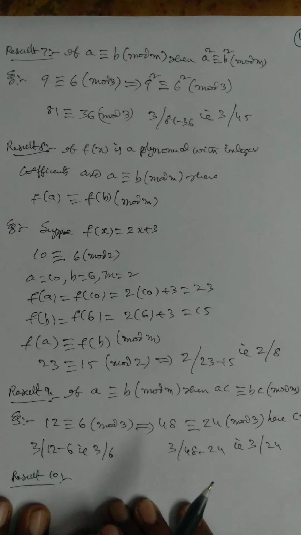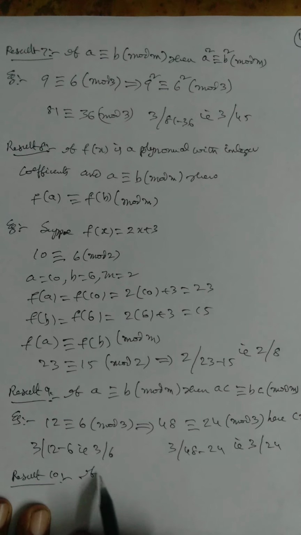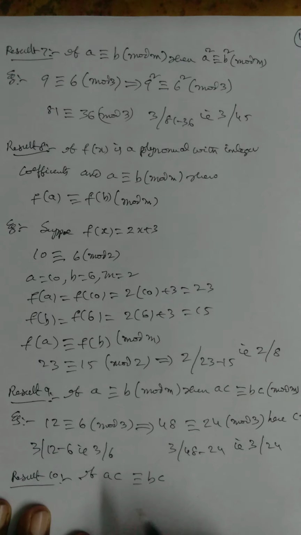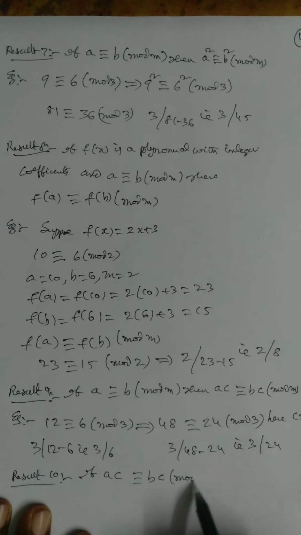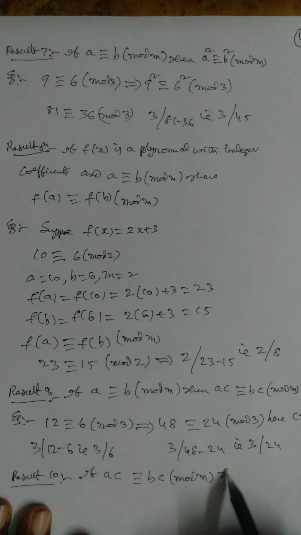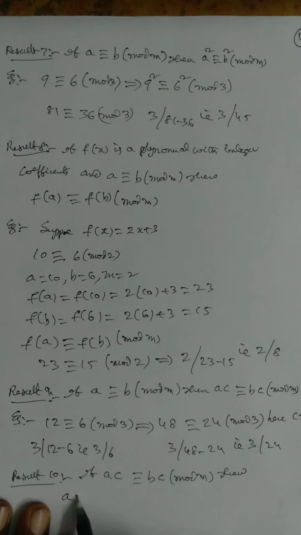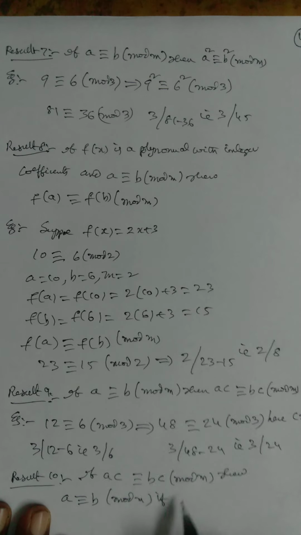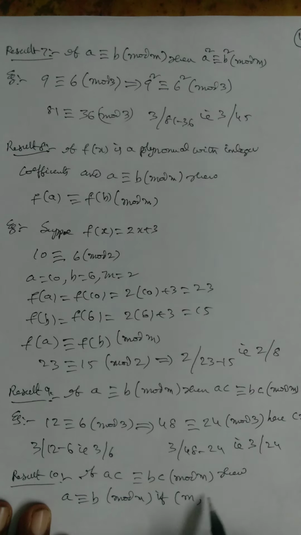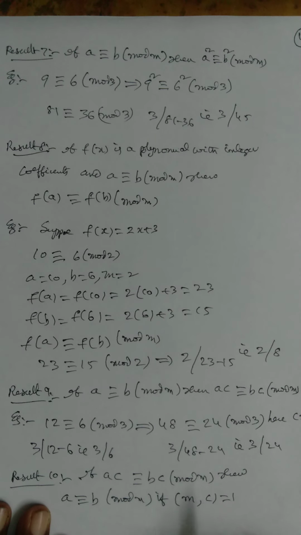Result 10: if ac is congruent to bc mod m, then a is congruent to b mod m, provided GCD of m comma c is 1.